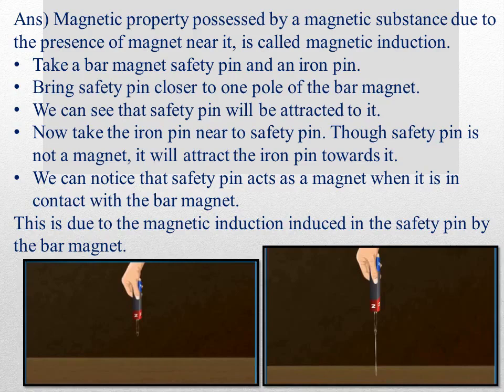Though the safety pin is not a magnet, it will attract the iron pin towards it. We can notice that the safety pin acts as a magnet when it is in contact with the bar magnet. This is due to the magnetic induction induced in the safety pin by the bar magnet.